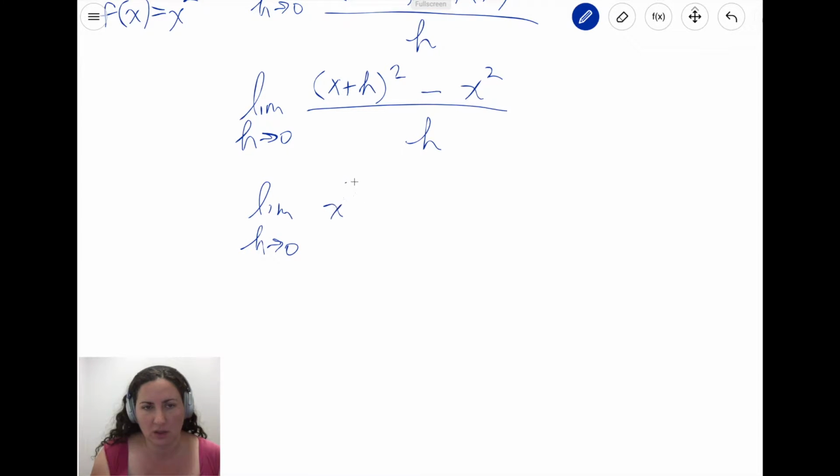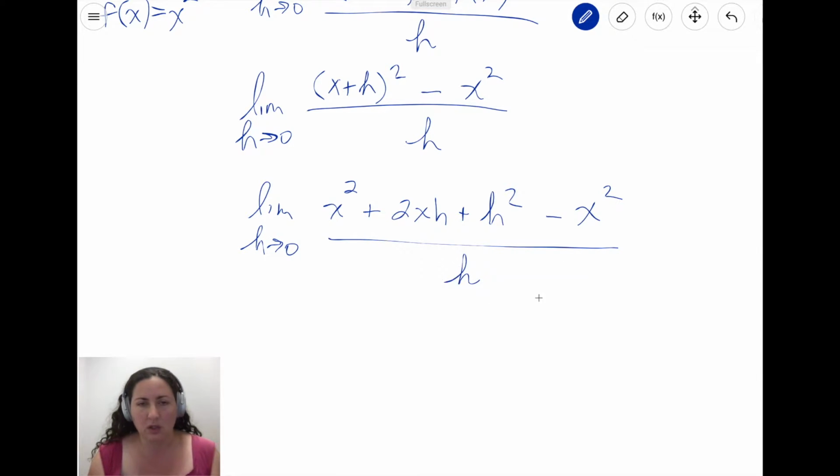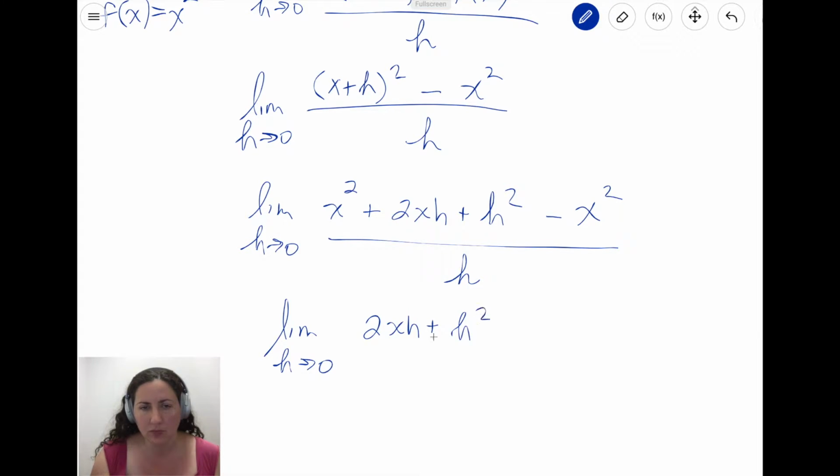So if we do that, we'll end up with x squared plus 2xh plus h squared. And then we still have the minus x squared over h. Okay, and now I can see that these x squared terms in the numerator are going to cancel out. So we'll get rid of those.